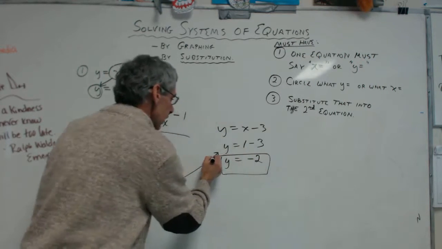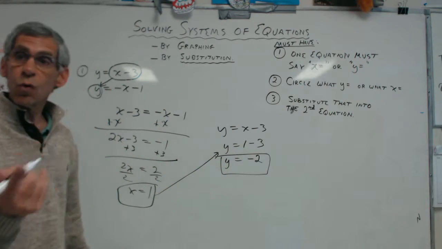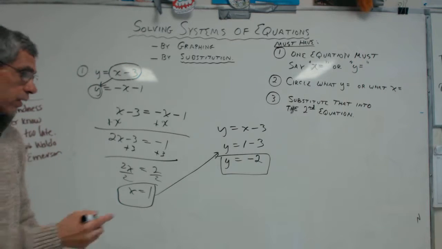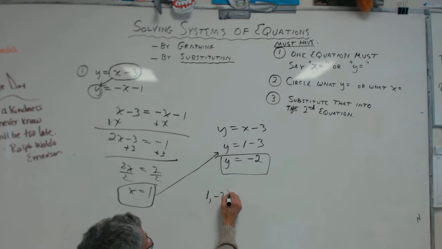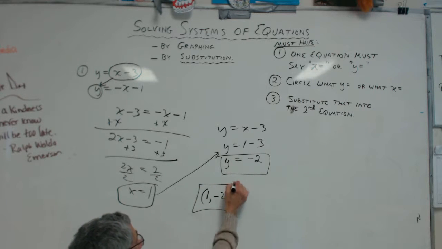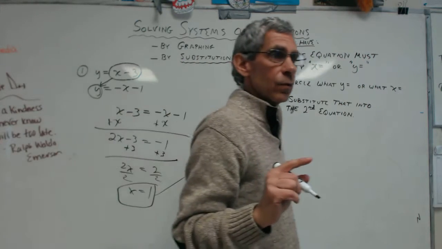So there's my answer. I can write it as x equals 1, y equals negative 2, or as a coordinate point, 1 comma negative 2 in parentheses. Any of those ways is fine. Does that make sense? It's pretty easy.